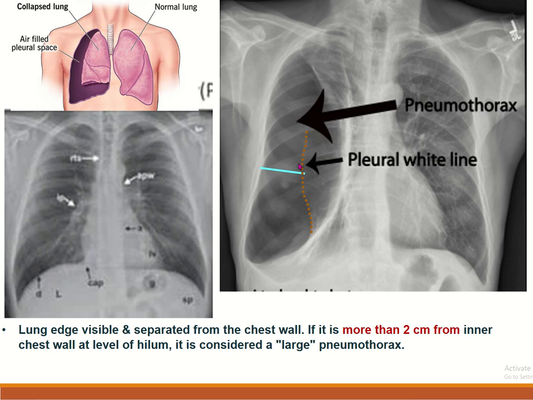So you see, this is the collapsed lung, this is the collapsed line, and this is the pleura. This is the pneumothorax. So you see the chest X-ray, normal chest X-ray. This is a highlighted shadow, and you see here this is more black than the normal lung.